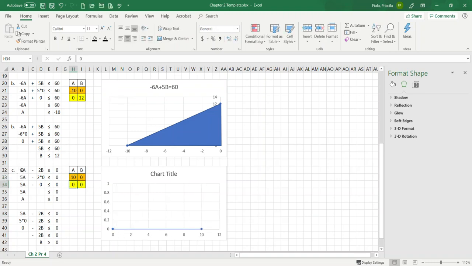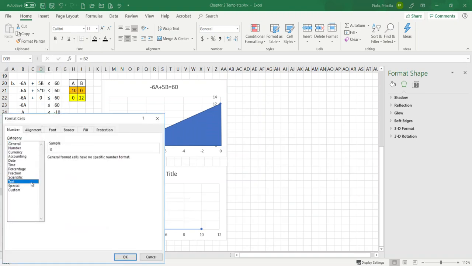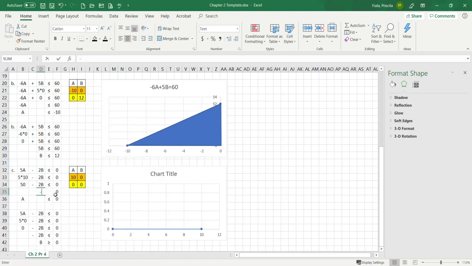So if you go over here and replace, you would do 5 times 10 minus 2b, so you're going to have 50 minus 2b. I want it to look as text, so let me try again.